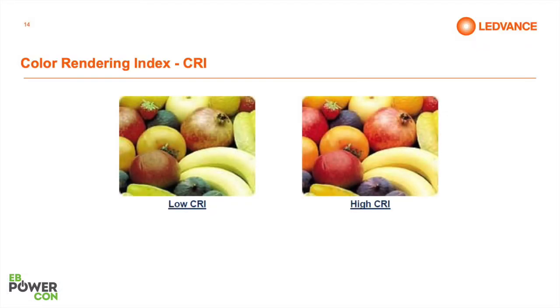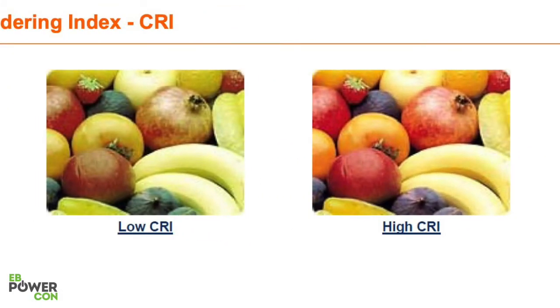Again, here's another good example of CRI. A low CRI picture of fruit, and then a high CRI picture of fruit. Which one looks more appetizing? So as I alluded to before, the observation of color is very important.